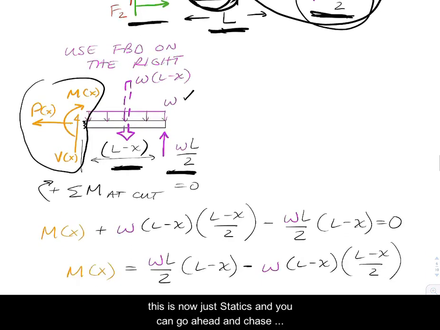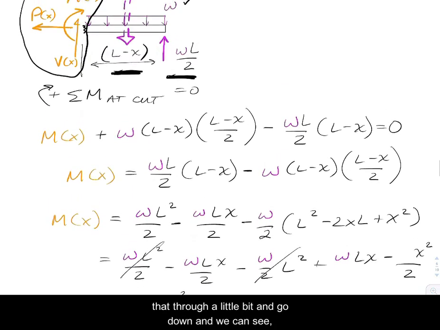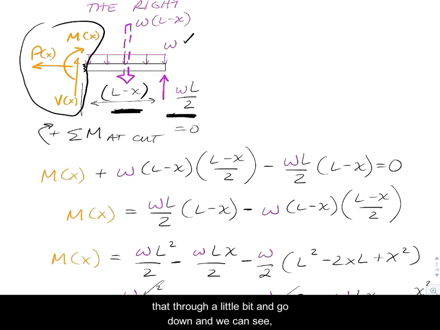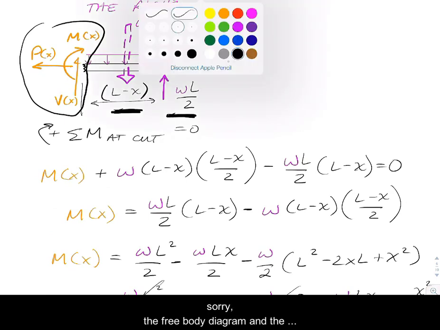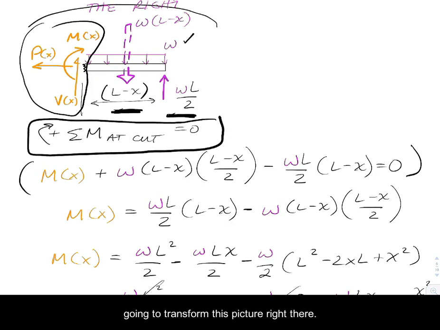So to solve for this, it's now just statics, and you can go ahead and chase that through a little bit. Let's go down, make sure you can see the free body diagram and the equations that result. So that is our transformer. I'm going to transform this picture right there into an equation.